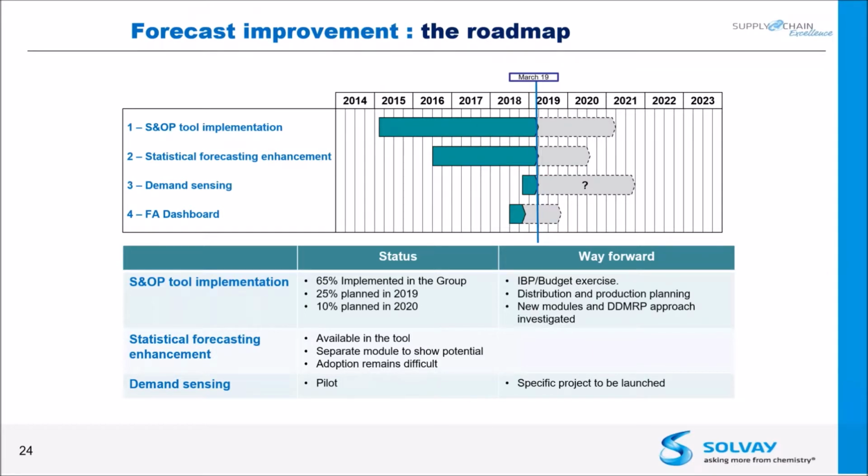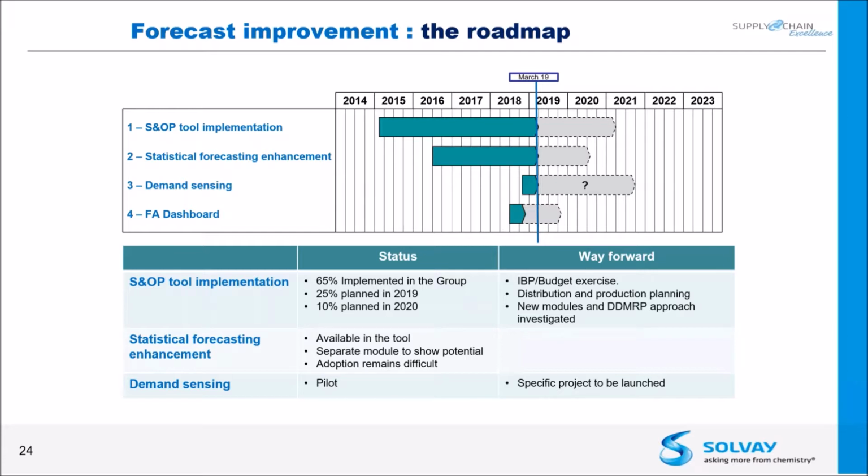Now, to give some words about the context in which we decided to make a test with Solventure. We started a journey 4 years ago, approximately, implementing a new tool in S&OP in all the different business units, and we have installed the tool now in a big part of the business units, but we still need to continue this implementation.